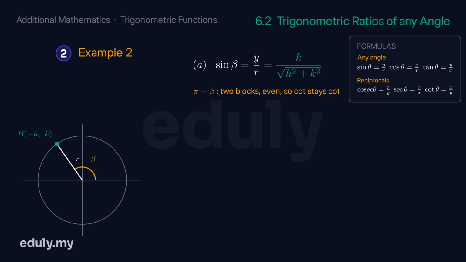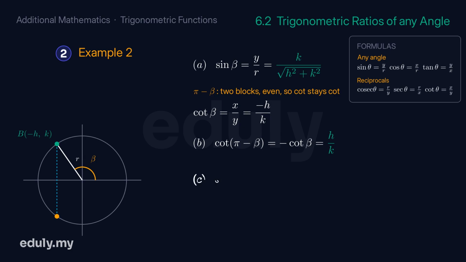Part B lives in radians, and you already have the tool. Pi minus beta is 2 quarter turns, even so cot does not swap partners. Cot beta is x over y, minus h over k. Even keeps cot, the quadrant flips the sign, h over k.